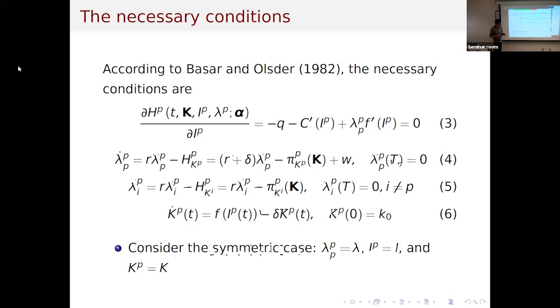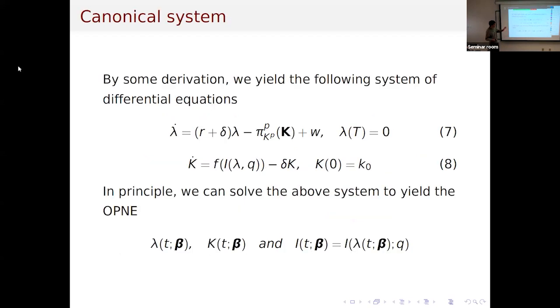The symmetric case also really helps to reduce the math quite a bit, and we can reduce the notation. We can simply write lambda, I and k. So it's easy.